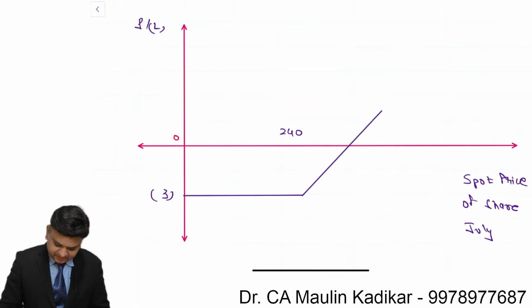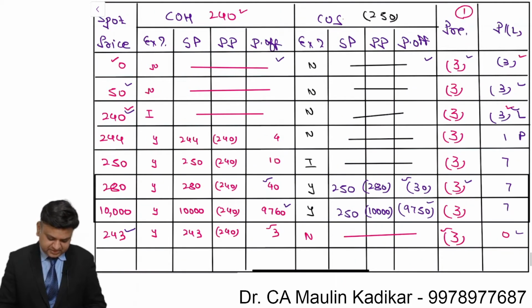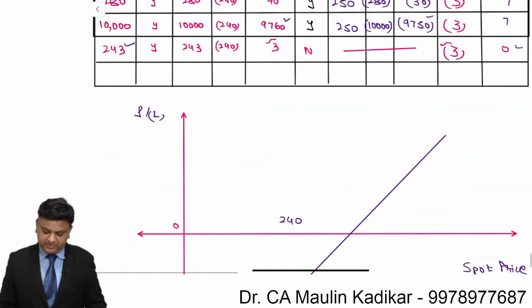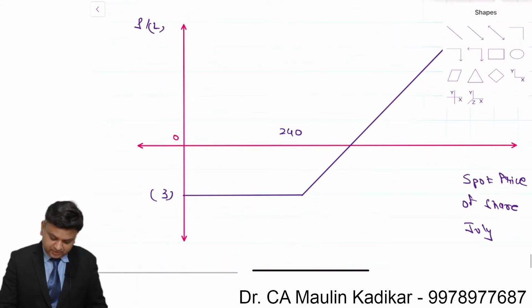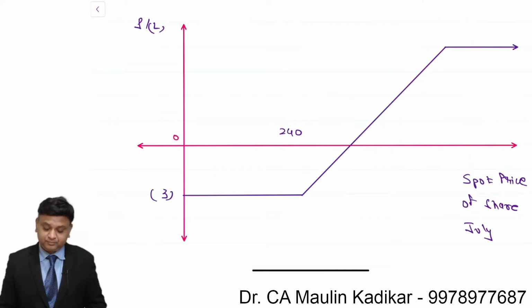And we can see that when the price of the security is 250, at that point of time we have a profit of rupees 7, and beyond 250 it remains 7 rupees itself. So over here we will have a situation like this, and the amount of the profit will remain the same, rupees 7 only.